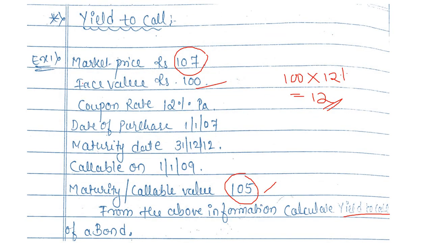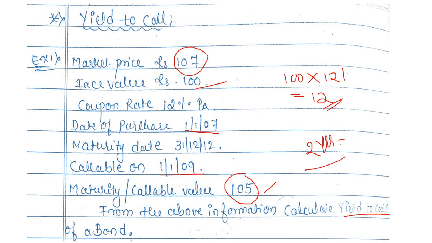See here, when did we purchase this bond? On 1/1/2007. The bond is purchased on 1/1/2007 and is callable on 1/1/2009. So from 2007 to 2009, how many years? 2 years, correct?